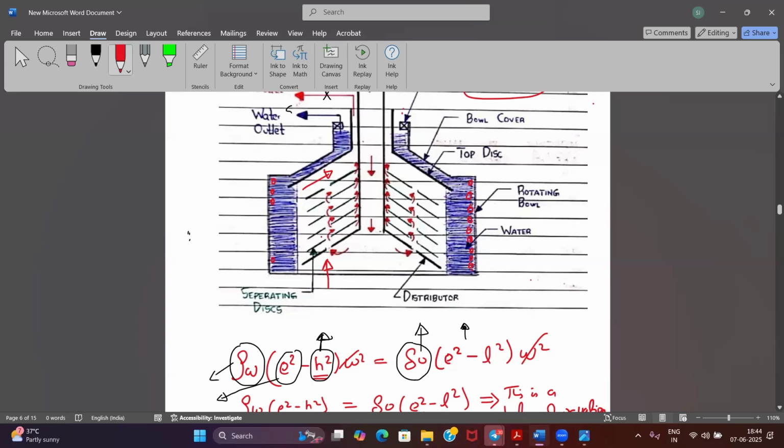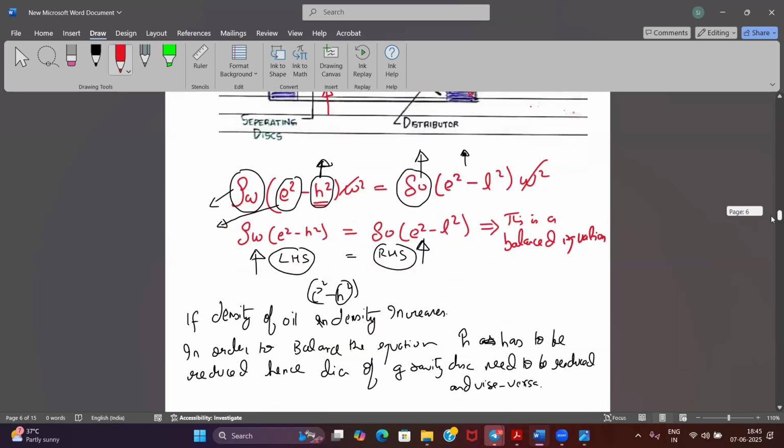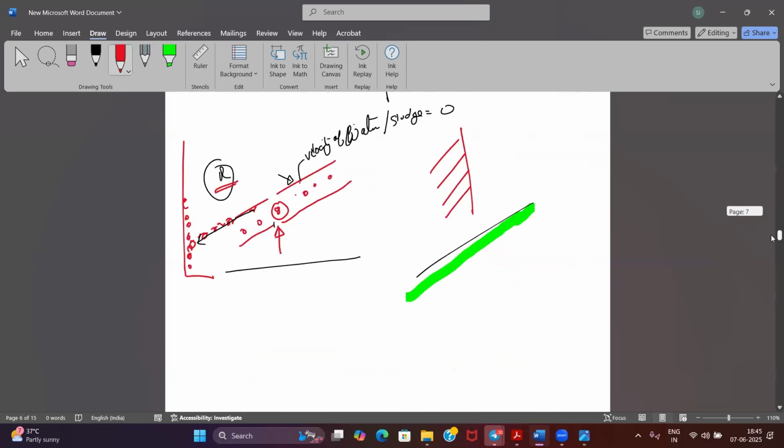I'm talking about the velocity of the molecule when it hits the periphery. It will become zero. I'm not talking about centripetal or centrifugal force, only velocity. The resultant of both will depict where this molecule will be thrown.